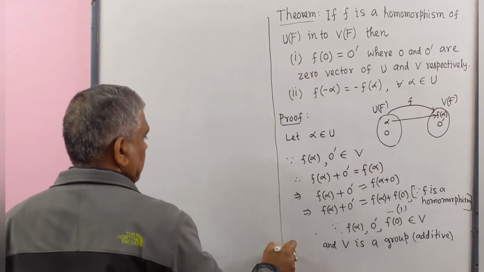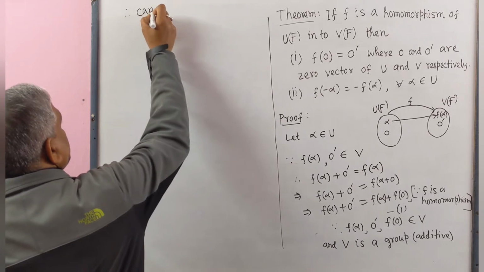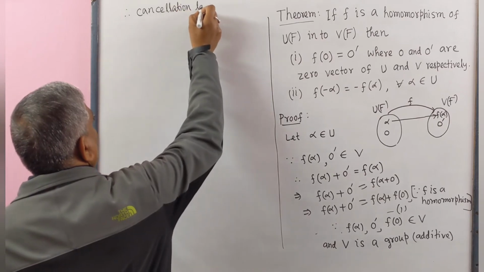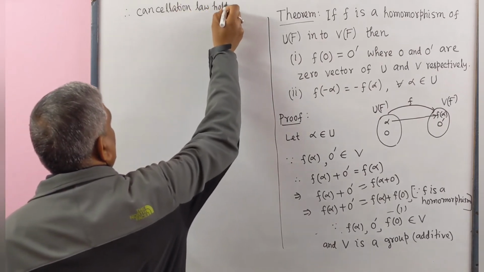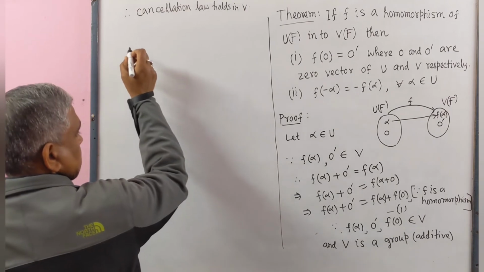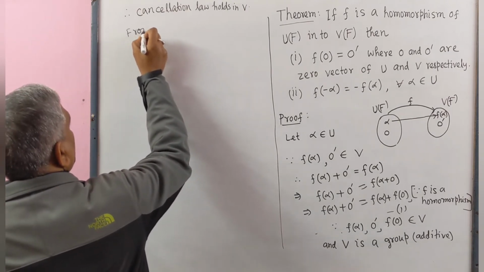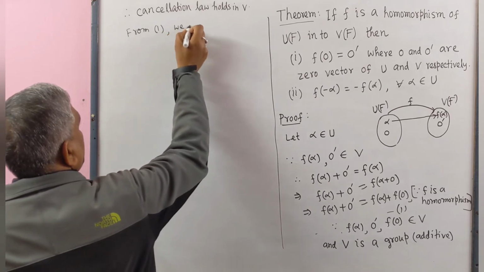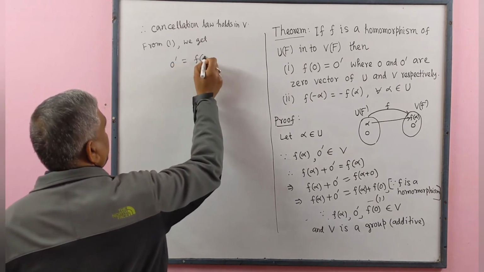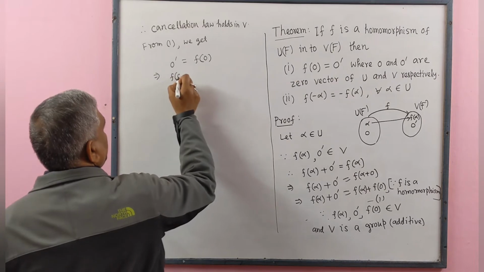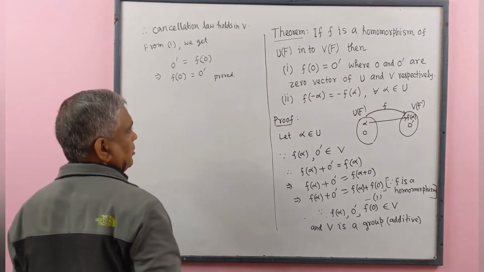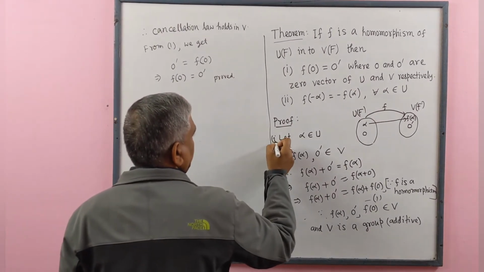Therefore, the cancellation law holds in V. Therefore, from 1 we get 0 prime equals F(0), which implies F(0) equals 0 prime. Number 1 proved.